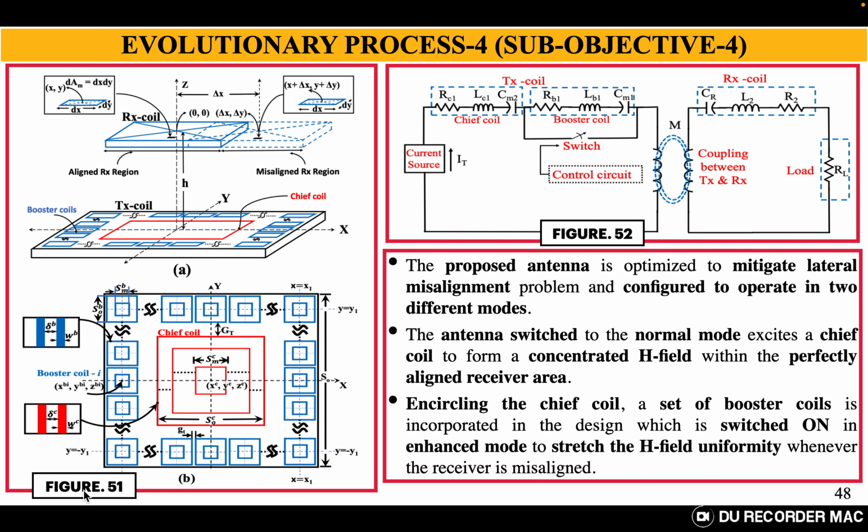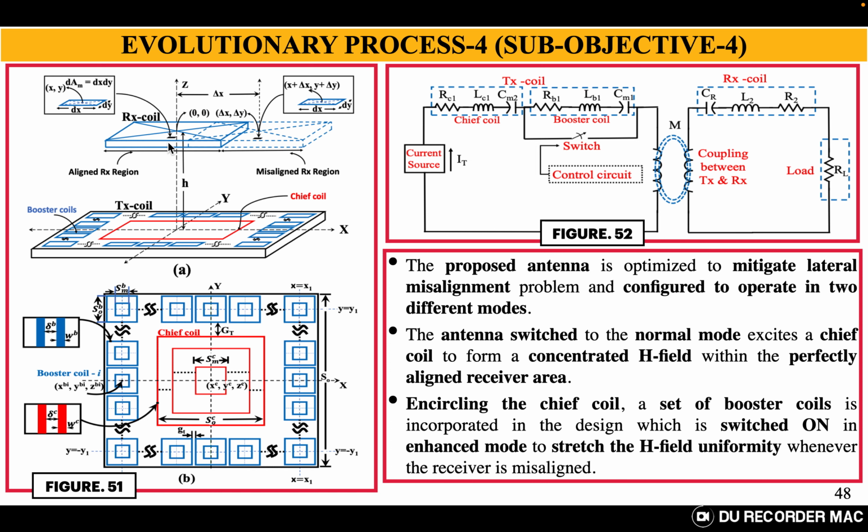If you see figure 51b, there is a chief coil in red color, and there are the booster coils in blue. These two are independent coils, but there is a possibility of connecting them as well, which we will discuss. When the receiver coil, in figure 51a, is perfectly aligned with this transmitter coil, only the chief coil will be excited to form a concentrated magnetic field to the receiver coil.